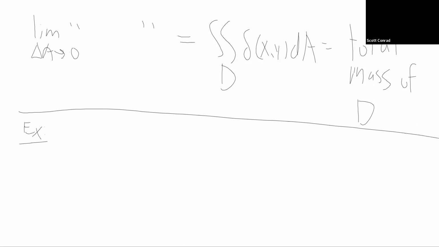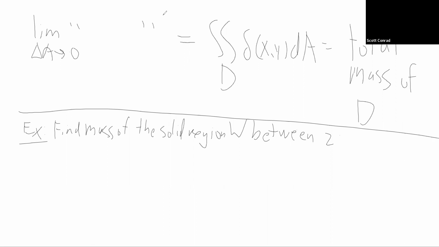So for example, let's find the mass of the solid region W between the plane z equals h and the elliptic paraboloid z equals a times x squared plus y squared.